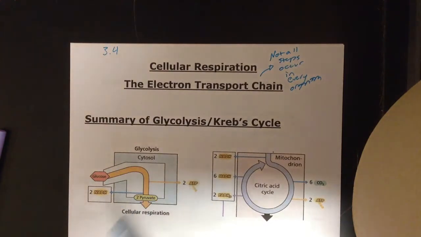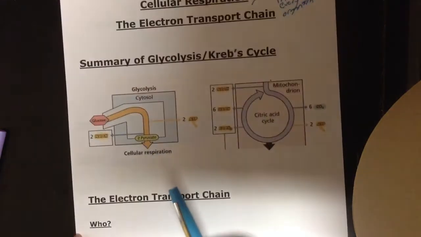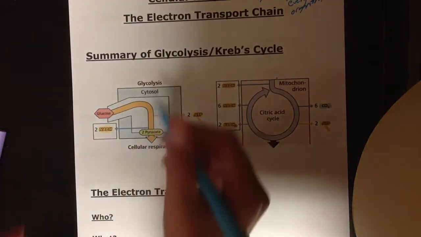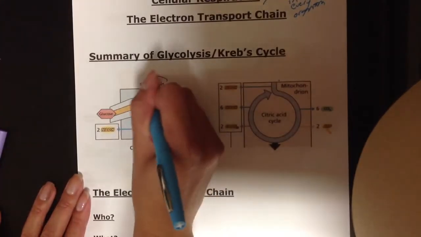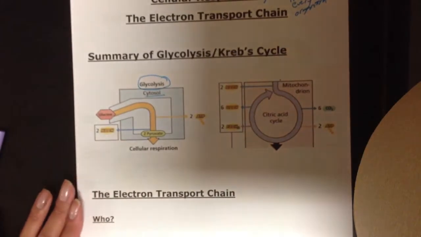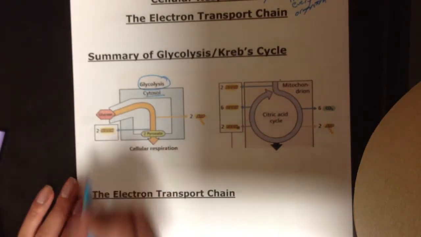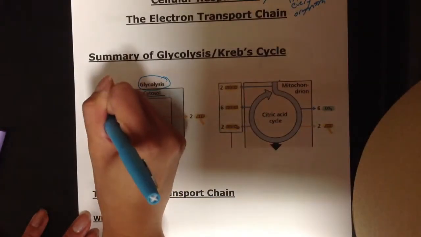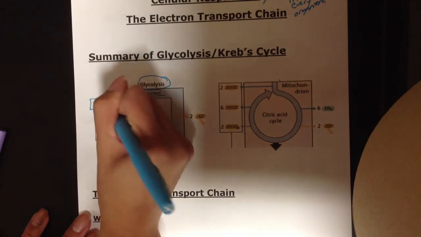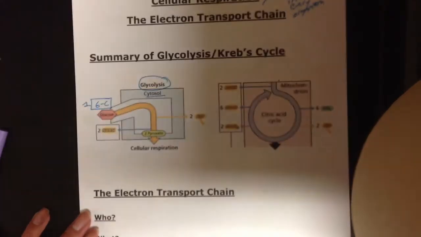So just as a little review really quickly, let's remind ourselves that glycolysis occurs in the cytosol, which is the same thing as the cytoplasm. In glycolysis, we start with a glucose molecule that is 6 carbons long, and we start with just one of those molecules.